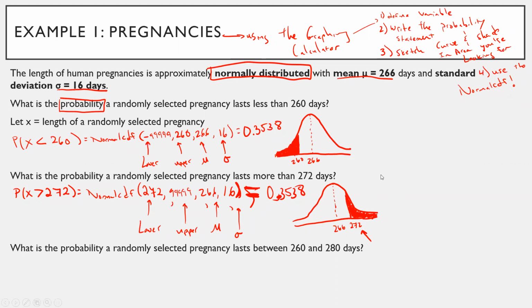All right, last question here for this one. What is the probability that a randomly selected pregnancy lasts between 260 and 280 days?